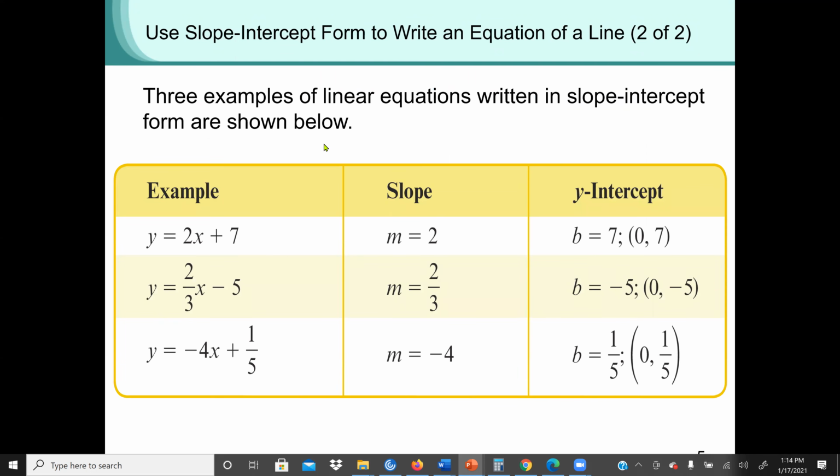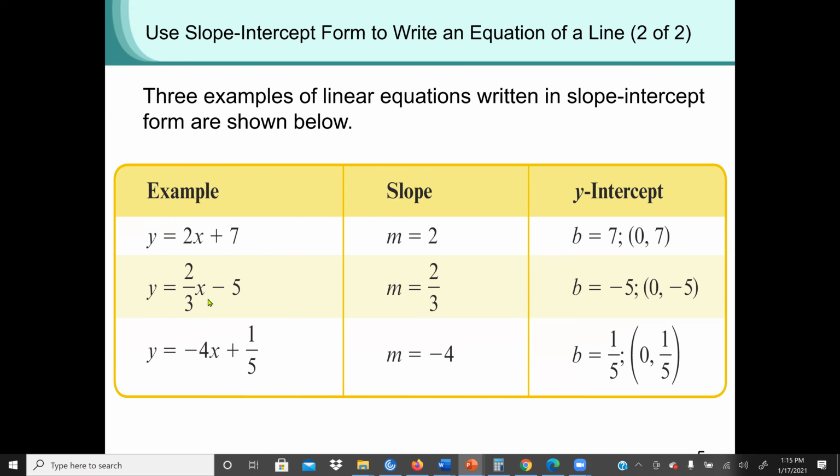So we have three examples of a linear equation written in slope-intercept form as shown below. The main goal here, again, is using the slope-intercept form to write an equation. For example, we have y equal to 2x plus 7. This means the slope is 2 and the y-intercept is 7. Now y equal to 2/3 x minus 5.